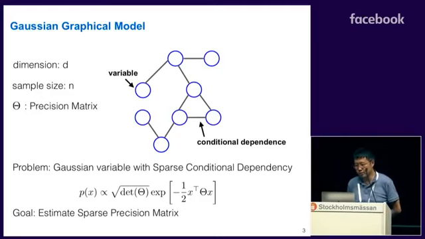So you have a form in terms of a so-called precision matrix, theta, which is the inverse of your covariance matrix. And essentially, the matrix theta is sparse. So the goal is to estimate this sparse precision matrix. So that's basically the setup.